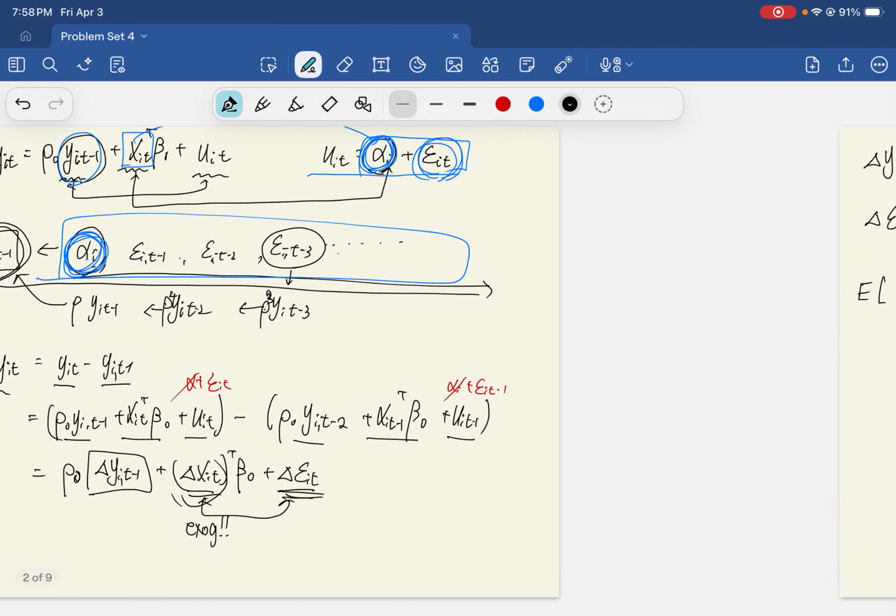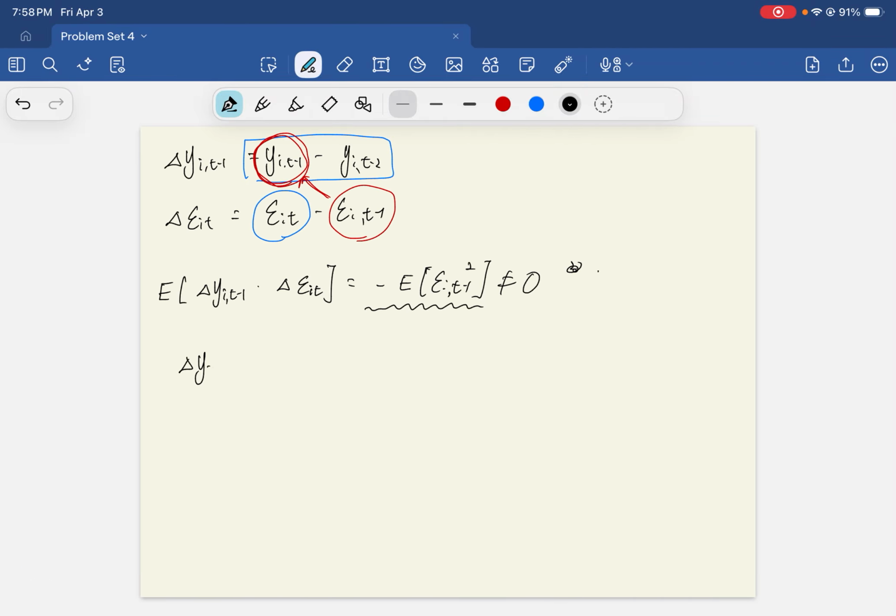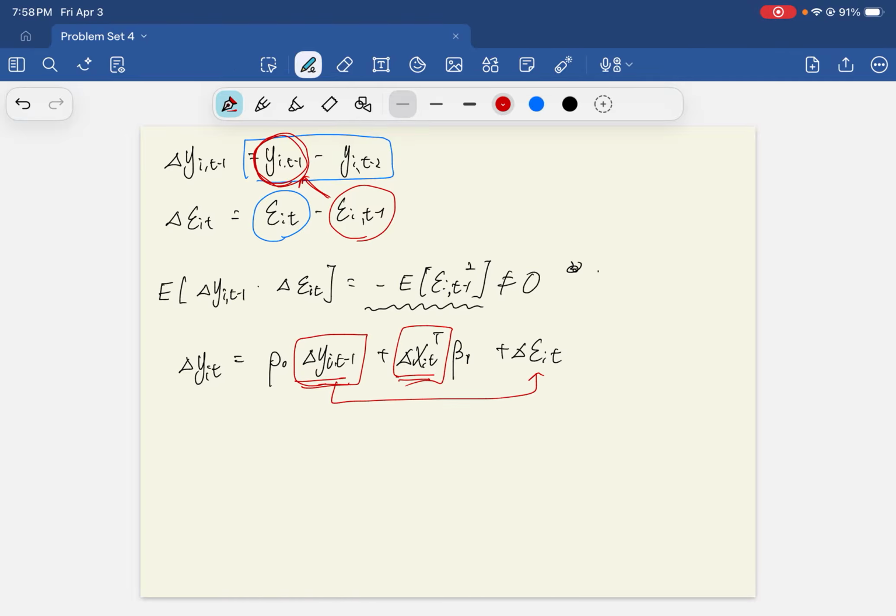So if you think about the first difference regression model, this is the regression model. In here, we have two regressors, this and this, but it is okay. X is okay, but I just showed that delta y_i,t-1 is correlated with delta epsilon. So that is the major problem we are facing here, even if we delete x.